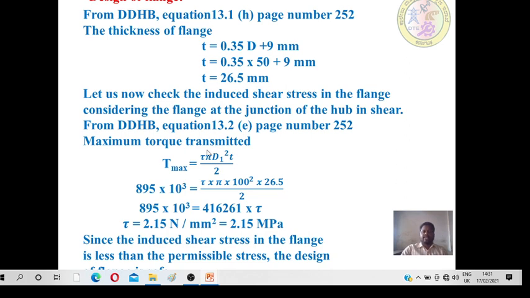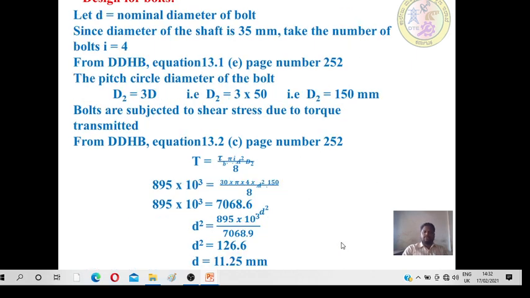Now we have to find the value for this tau. So tau becomes 2.15 Newton per mm square. So that is equal to 2.15 MPa. So here also induced shear stress for the flange is less than the permissible shear stress. Therefore, the design of the flange is safe. That means the values we have considered for the flange are safe values.